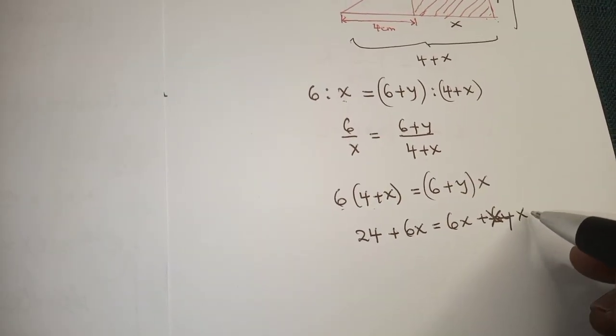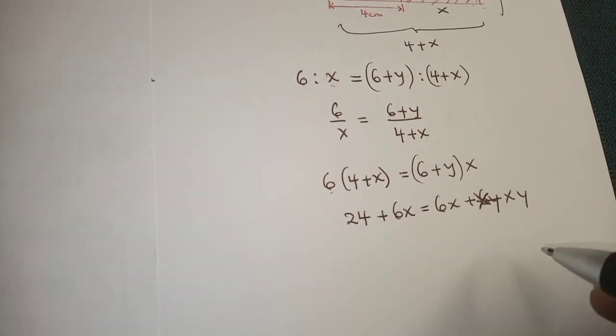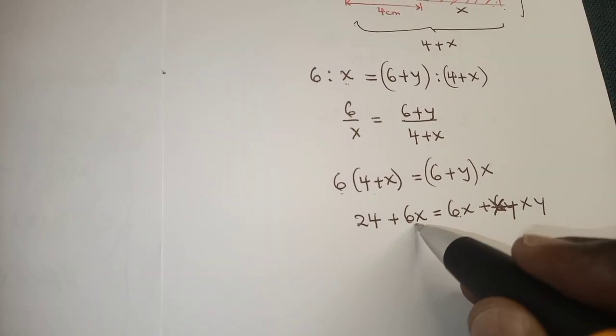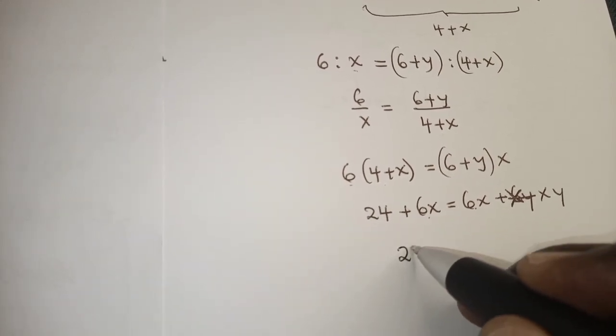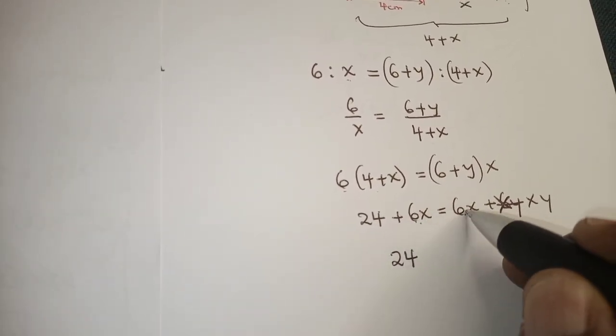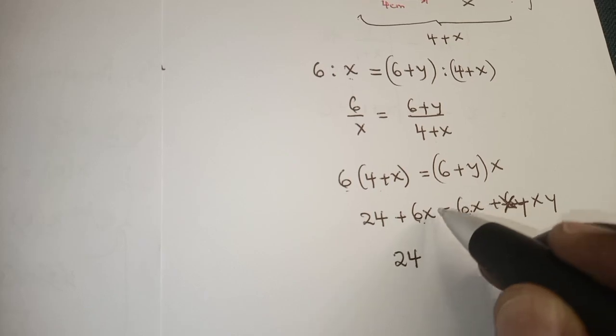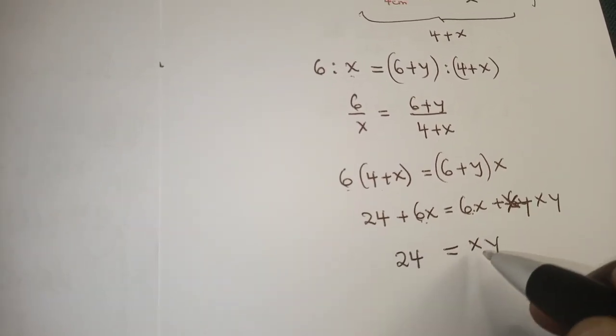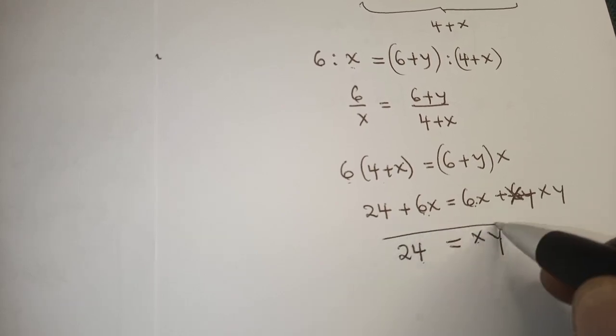So we have like terms, 6x minus 6x, the inverse, so you'll be having 0, so 24 equals xy. So x times y equals 24.